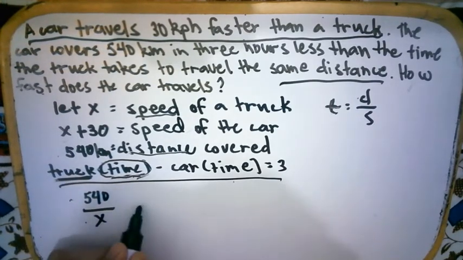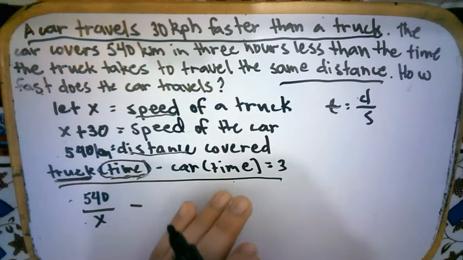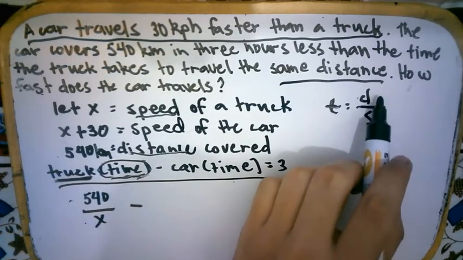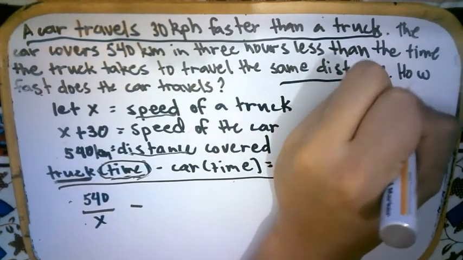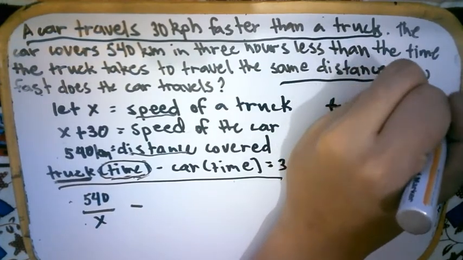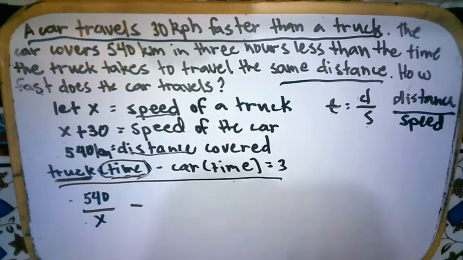And then minus, so here, yung sa car naman. So, ano ba ang formula again ng time? Ang formula ng time is distance over speed. Sulat natin, distance over speed. So, yan yung formula ng time. So, papalitan natin yan nitong distance over speed.